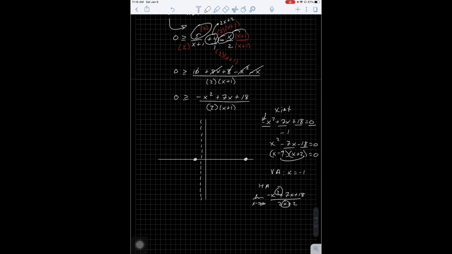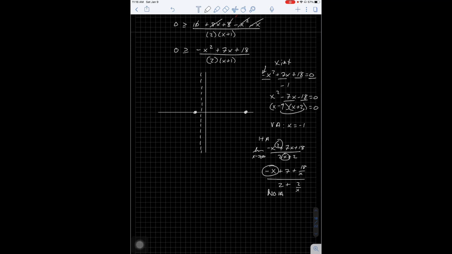So you're going to be left with an x, this turns out to be a negative x, this will be a 7, this will be 18 over x, 2, and 2 over x. So this is going to go to infinity and give me no horizontal asymptote, which means that this potentially has a slant. So let's check that out.